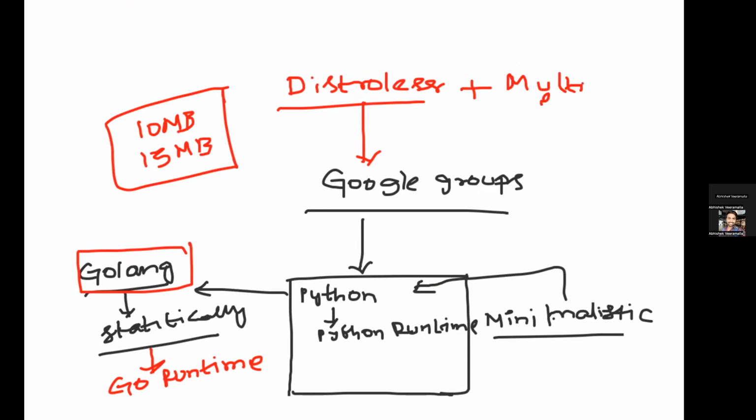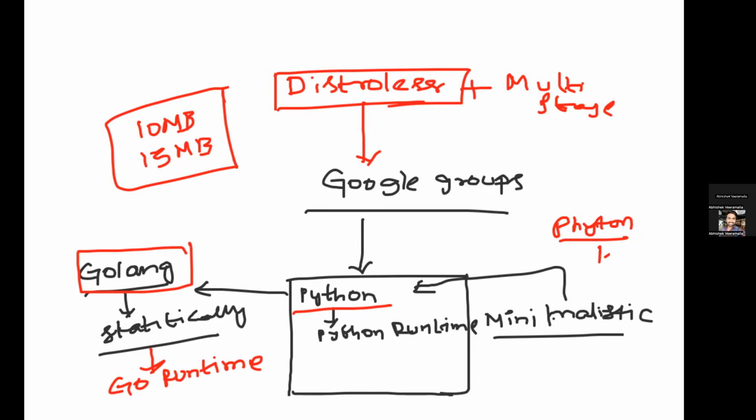So what is a distroless image? A distroless image is a very minimalistic or lightweight Docker image that will have only the runtime environment. If you are choosing a Python distroless image and you try to perform some basic shell commands, like for example find, you'll get an error saying that the find executable is not found.